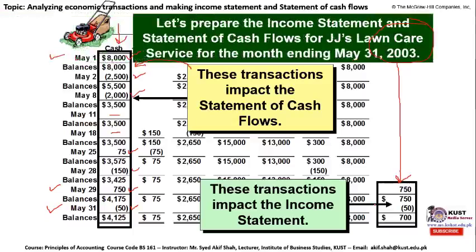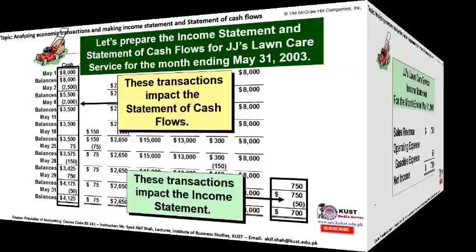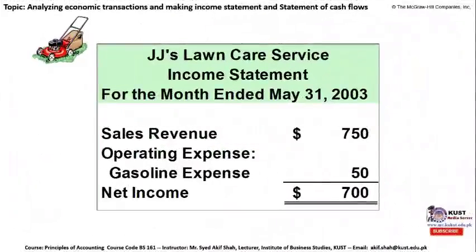Let's prepare our income statement and cash flow statement for May 31st, 2003. So the method to make an income statement is to write down the name of the business at the top, as mentioned, JJ's Lawn Care Service. Then the name of the financial statement, which is income statement.